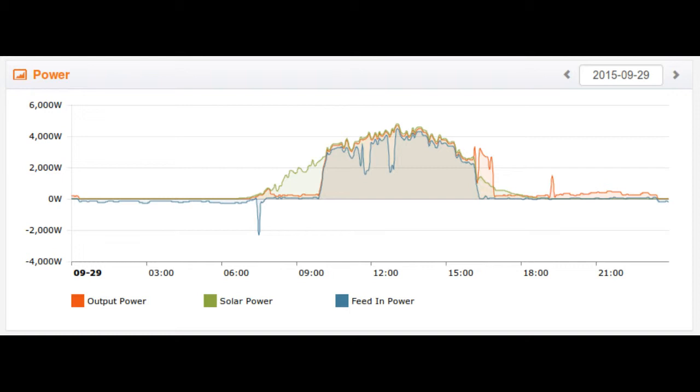So here we've got a situation where the amount of energy coming from the inverter is greater than the amount of solar energy that's available, which is why the red line is above the green line. But you see that the blue line doesn't go negative, meaning in order to satisfy the demand for this extra power, we're not actually having to draw any from the grid. And what's happening here is that we're actually digging into the battery.